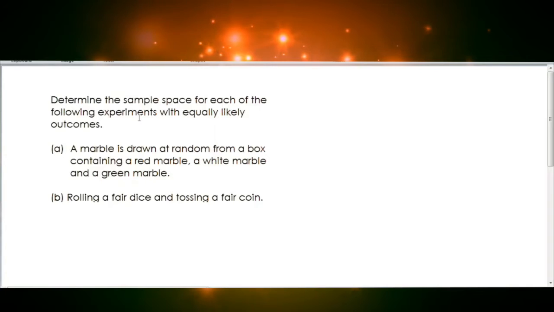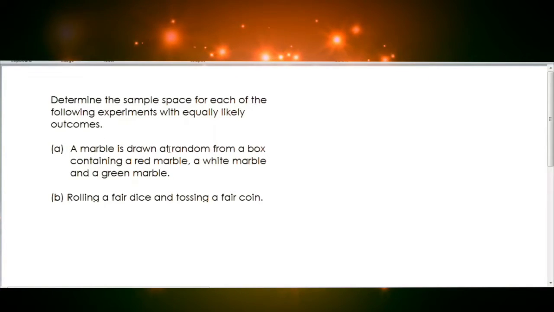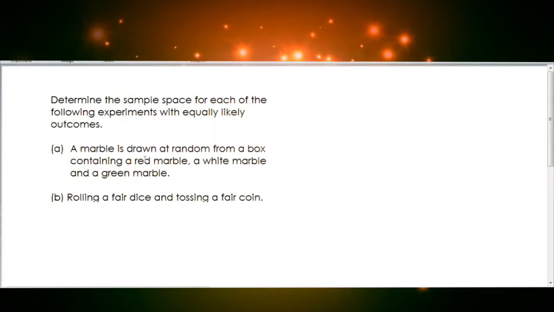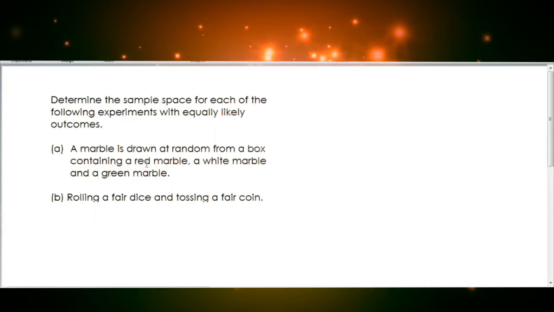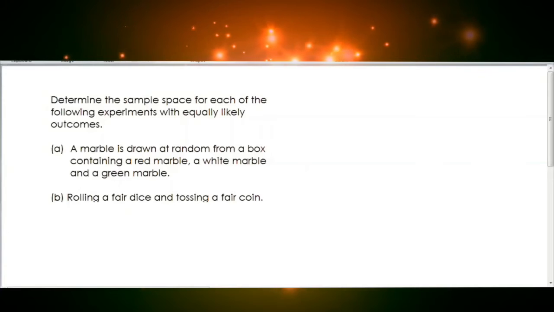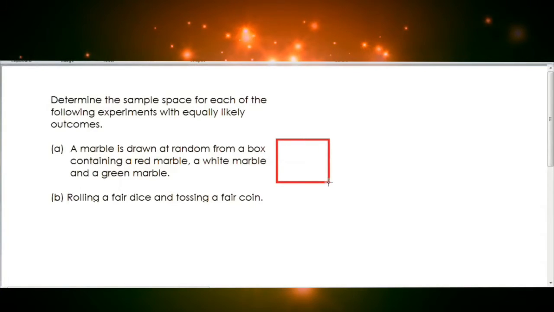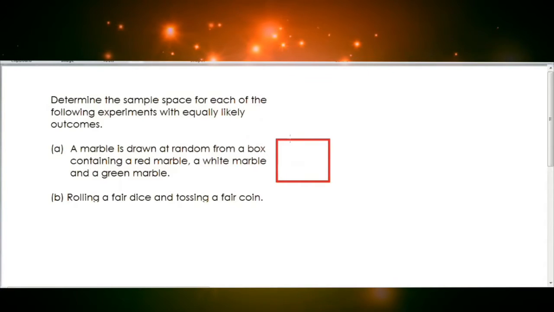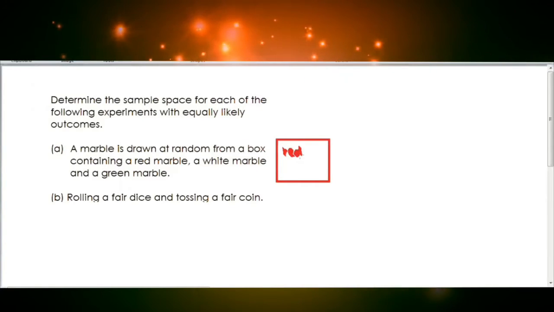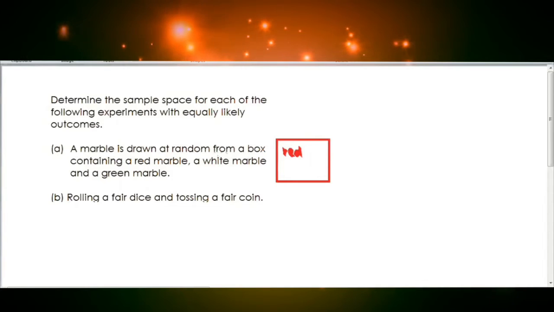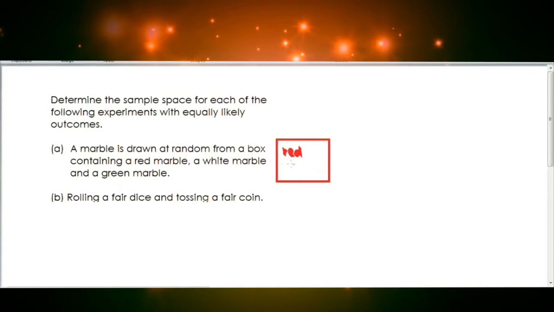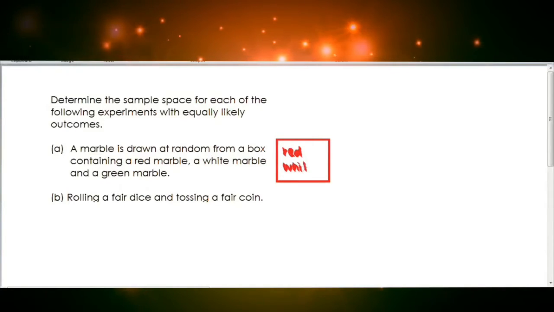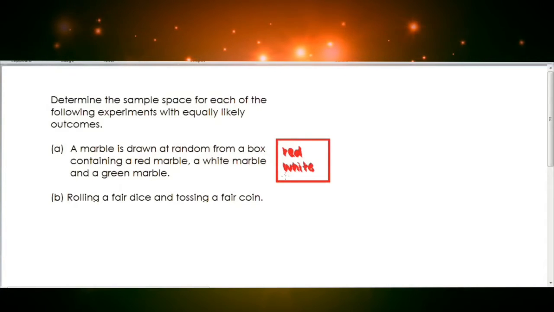For the following experiment, a marble is picked at random from a box containing a red marble, a white marble, and a green marble.